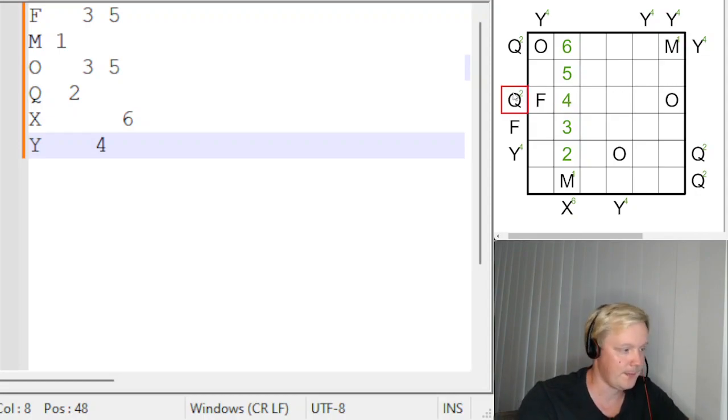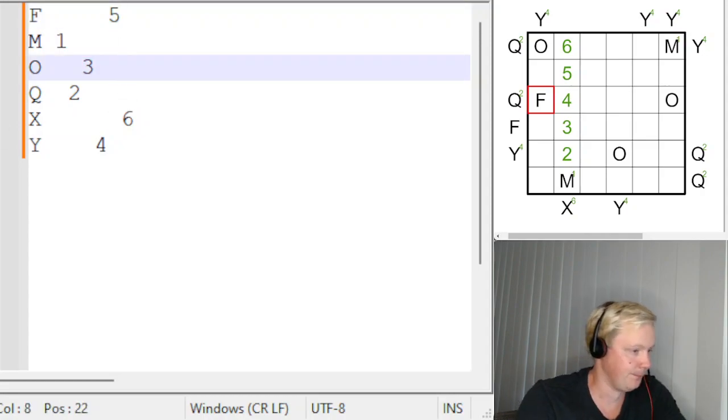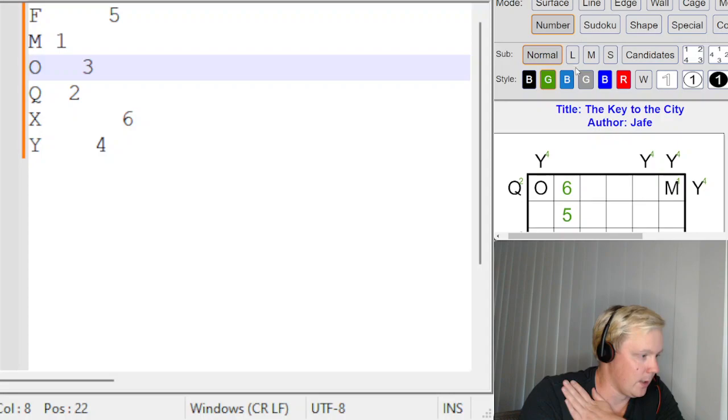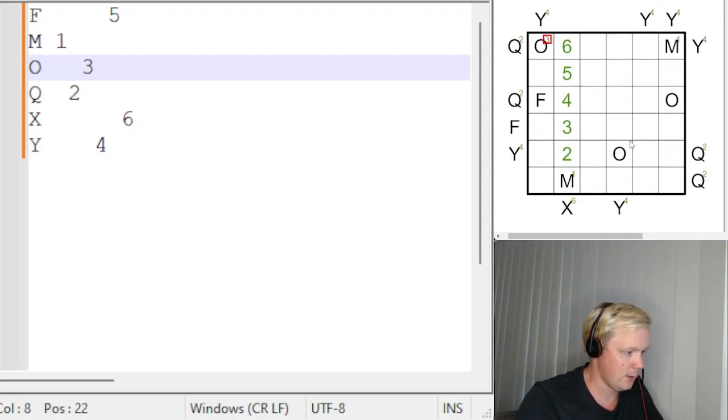And this is a 2. So that means F must be higher than this 4 in order for it to block 2 blocks out of this 4. So F can't be 3. It must be 5. And O is 3. And I'll pencil mark all of these. So O is 3, 3 and 3, and then the F's are 5s.